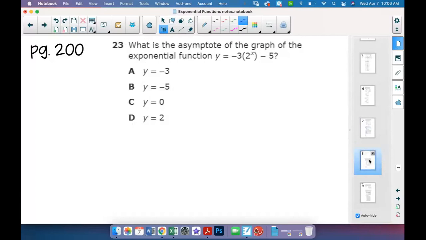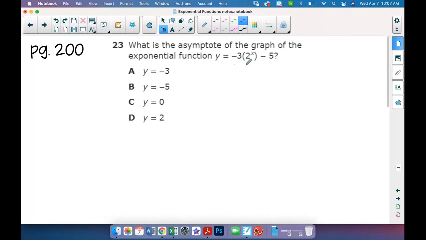For number 23, what is the asymptote of the graph of the exponential function? You can graph it and see, but here's a little trick. Whenever you have a times b to the x power, this number here on the outside, guess what? That's the asymptote, so that's letter B. Or you can graph it and look on the graph and you can see that it's -5, okay?